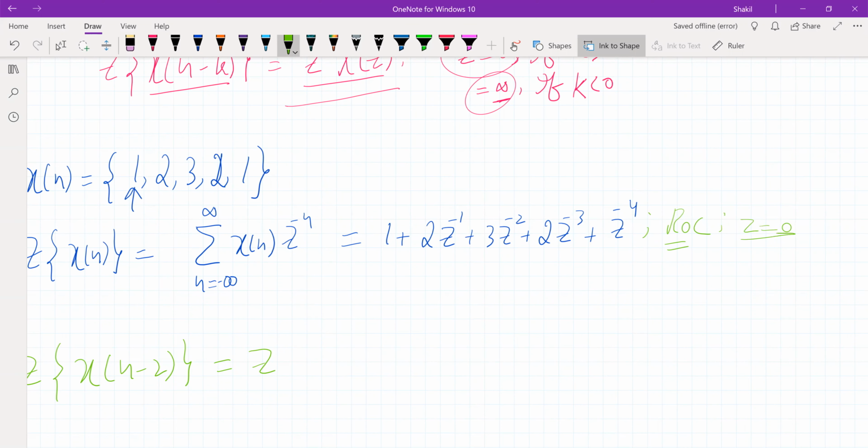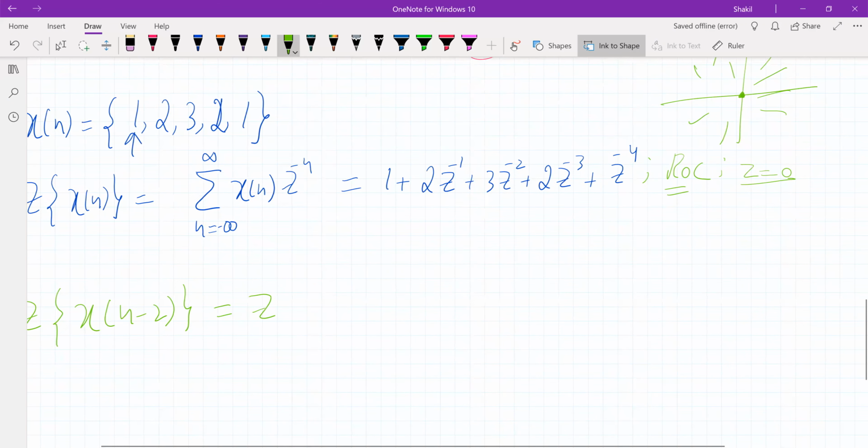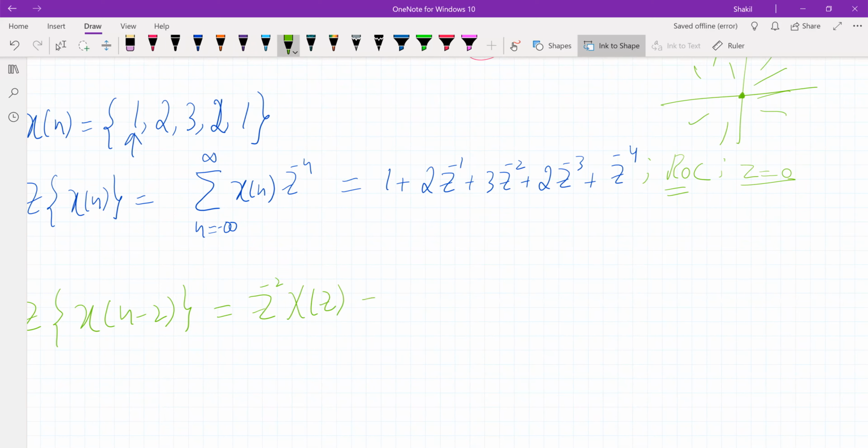So the Z transform will exist everywhere except at the origin. Now the Z transform of this will be simply z raised to power minus 2 X of z. So z raised to power minus 2 is there, and X of z is already calculated, so we can multiply the two.